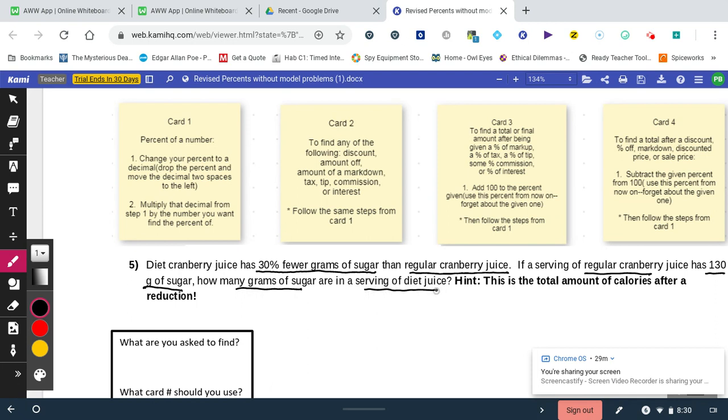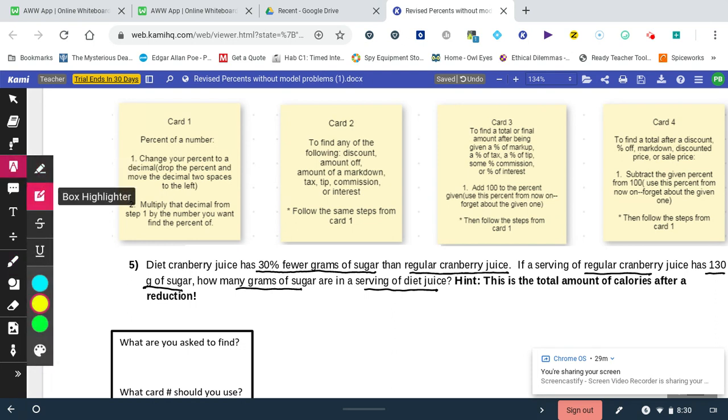Okay. Keep in mind that diet juice has 30% fewer grams of sugar. So if 130 represents the whole thing, it's going to be less than 130.